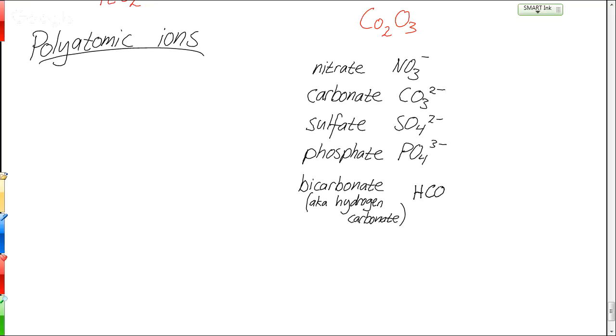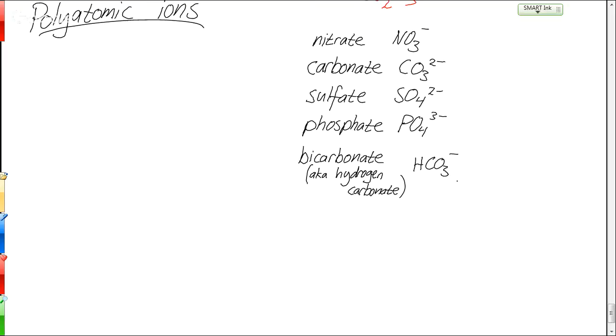That's HCO3-. Hydroxide, OH minus or HO minus. And then the last one is a positively charged one, ammonium, which is NH4 plus. So there's 7 polyatomic ions you should know.